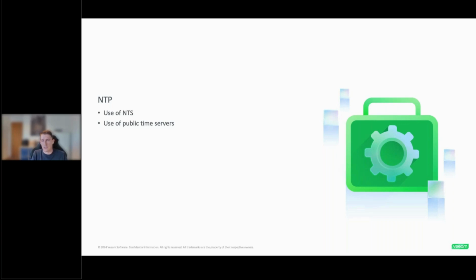So if you have redundancies like the first NTP server or NTS server is a local firewall, a local domain controller, I don't know, the second tier should be a public time server to have an independent redundancy for the time. That's very important, especially when it comes to immutability. We will come to the Veeam Hardened repository in a minute, so that's a very important thing.